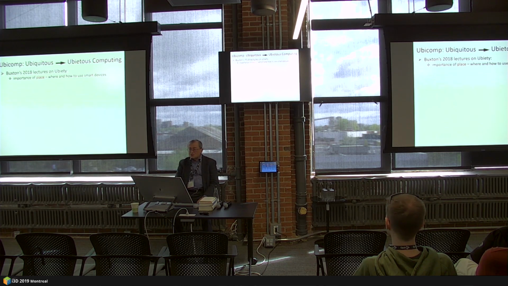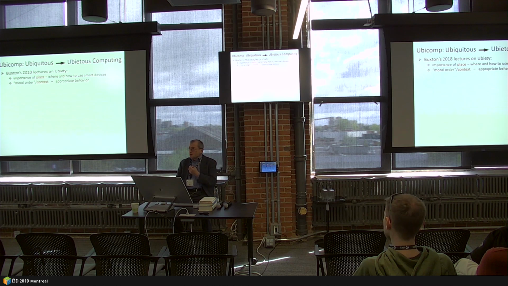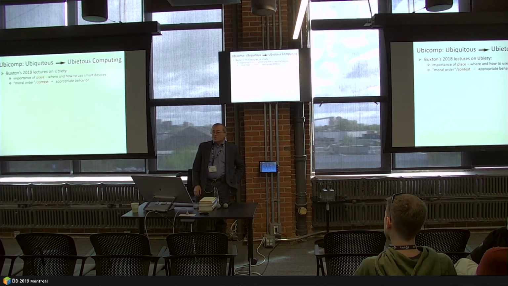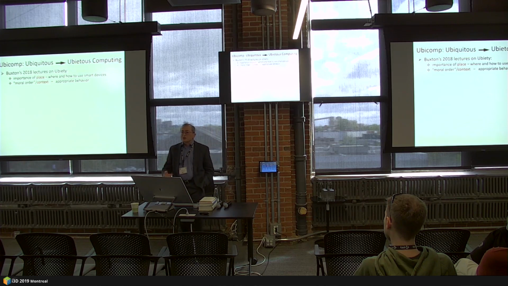So it takes into account way more than devices. Sociologists talk about the moral order. What is the behavior that is appropriate in a particular context? You can talk on your phone while you're in your office or in your car, but when you're sitting next to someone in an airplane, it's very rude to be talking on the telephone, particularly when you shout in the telephone because the connection isn't very good.